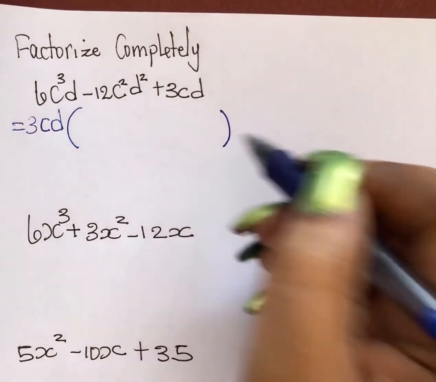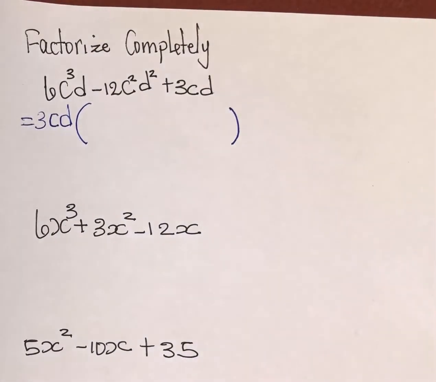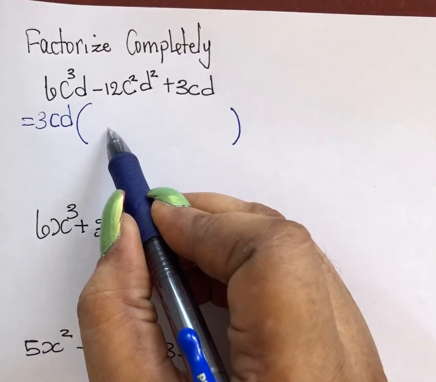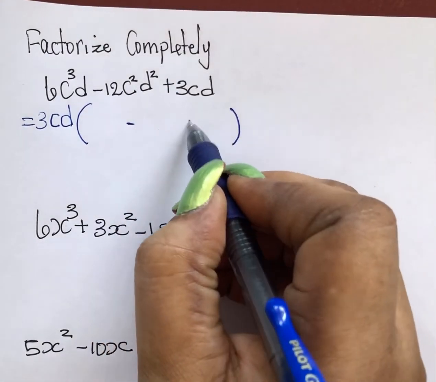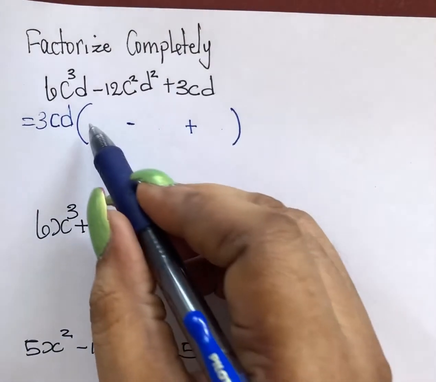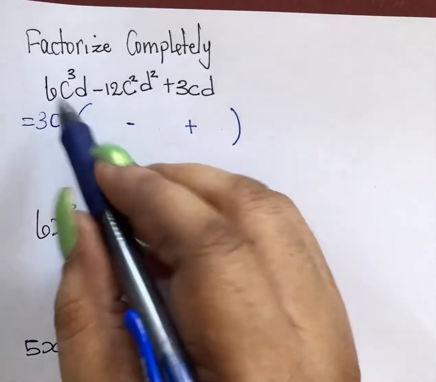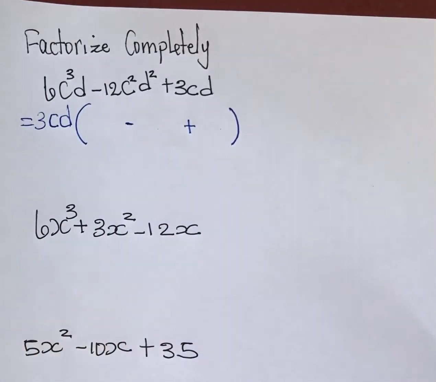We are factorizing, all right? Factor, so we have our greatest common factor. Now we need something here, subtract something here, and then we're going to add something else. 1, 2, 3 parts, 1, 2, 3 parts.